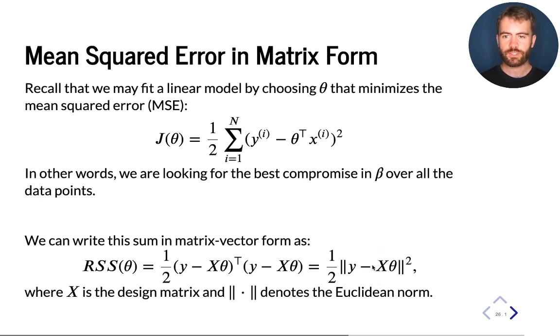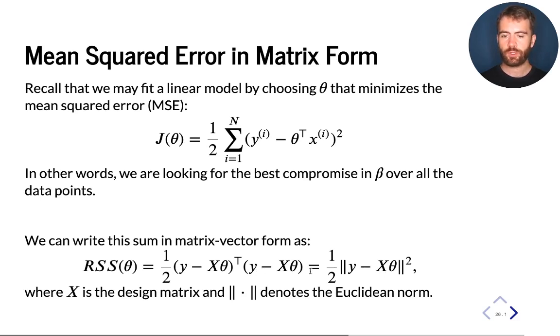And finally, another way of writing the same expression involves the following notation. These two bars here describe what is called the Euclidean norm, which is simply one way of measuring the distance between two vectors. The squared Euclidean norm is the dot product between these two vectors, so here we have just applied the definition of the Euclidean norm.